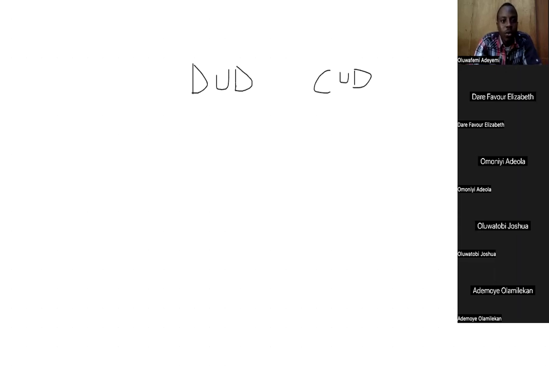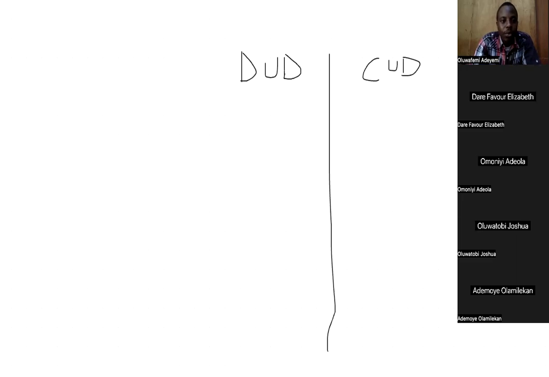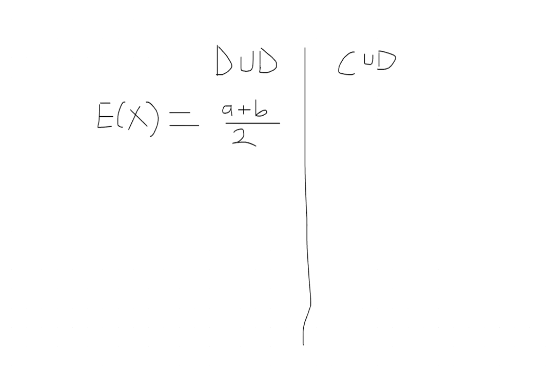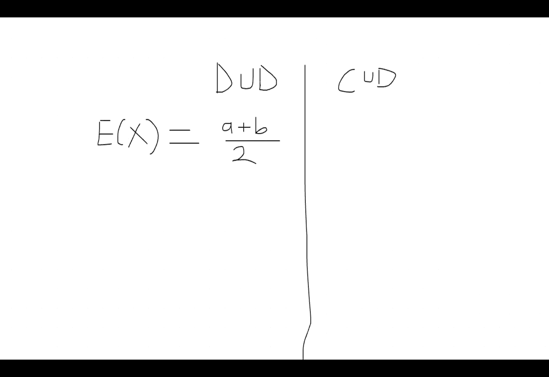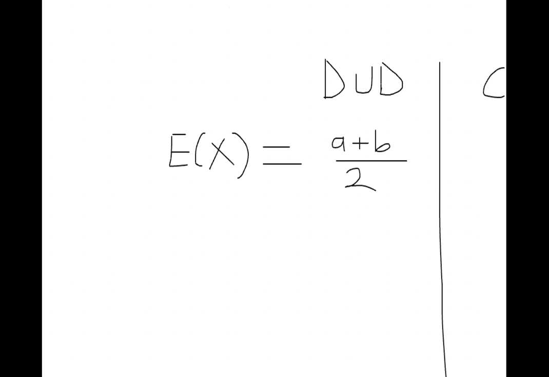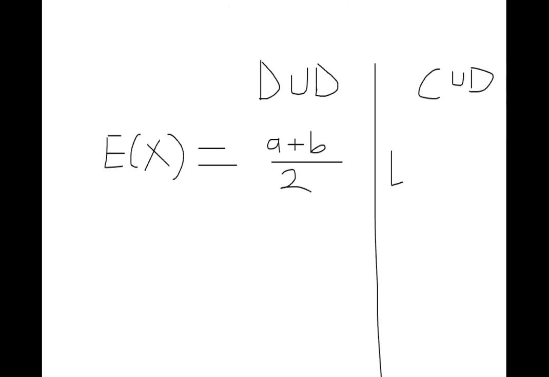First of all, the mean for your discrete uniform distribution will be (A plus B) divided by 2, and that will be the mean for your continuous uniform distribution also.